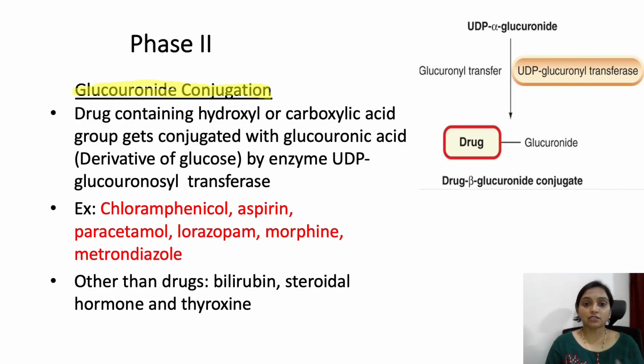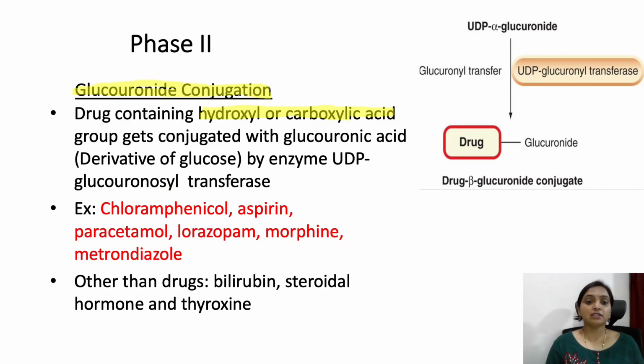So that is why this is very important, and this reaction will occur with drugs containing hydroxyl or carboxylic acid group. What happens with this group of drugs? Under the influence of UDP glucuronide transferase enzyme, the drug will combine with the glucuronide to form drug glucuronide complex, which is easily excreted from the body.